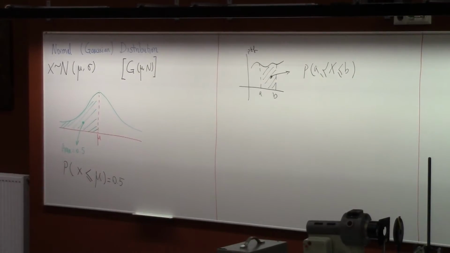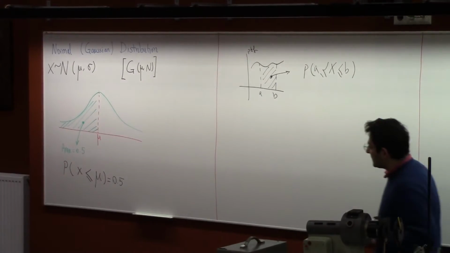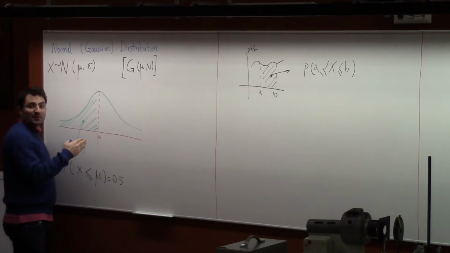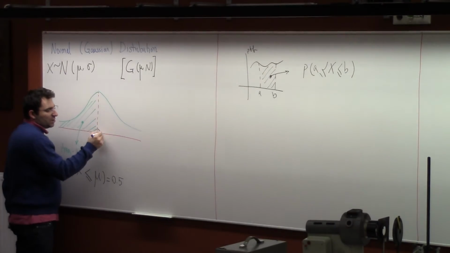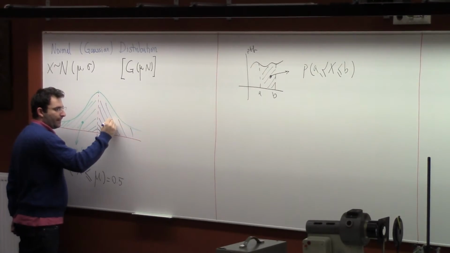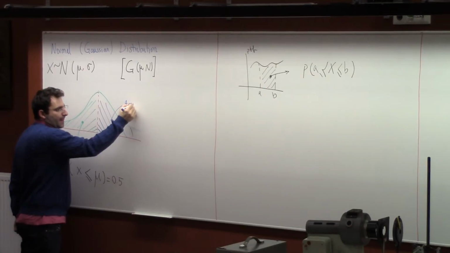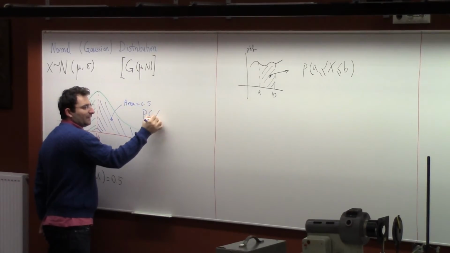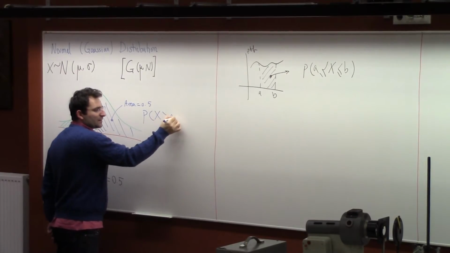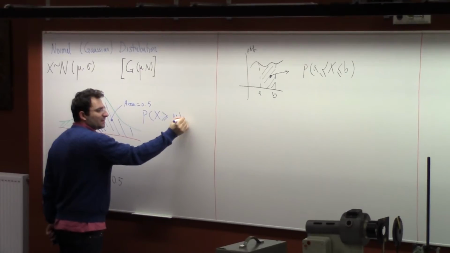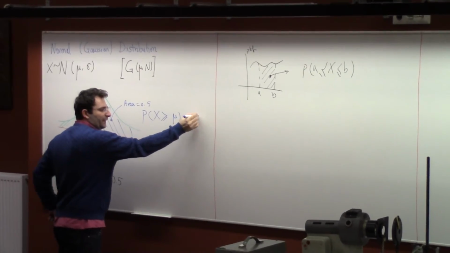Now, similarly, we can have this. Because it's symmetric, it divides things into two, so this probability is also 0.5. Which means the probability of x greater than or equal to mu is equal to 0.5.